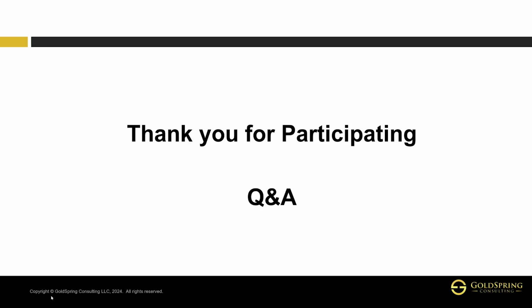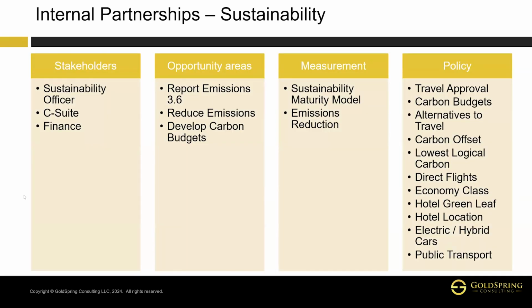There we go, I can just switch that back on now. So go to the people who may be interested, right? Show them how you can help them, the opportunity areas, show them how you can measure how you're going to help them, and show them what policy elements are going to be relevant to this and that you could tweak, right? That's your best way of getting them interested in it. But if they're not interested, then you've really got an uphill task here.